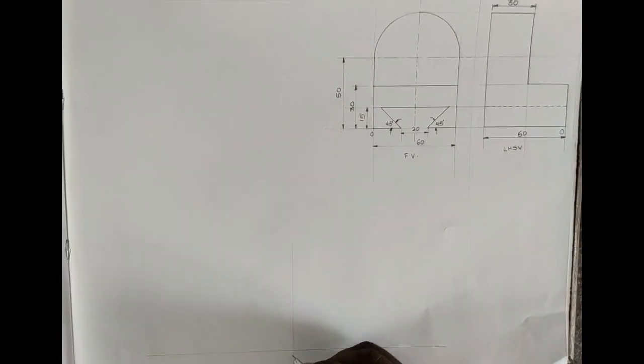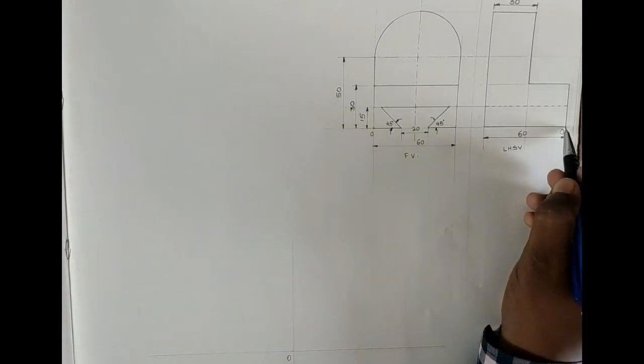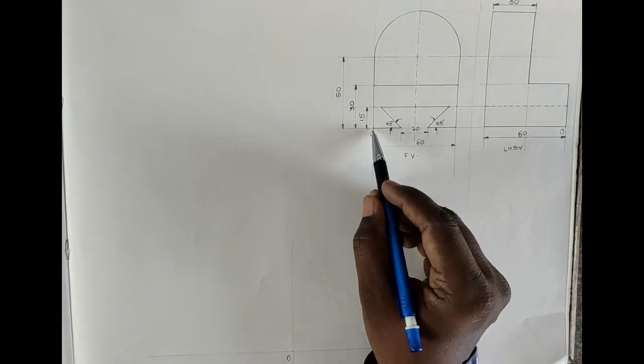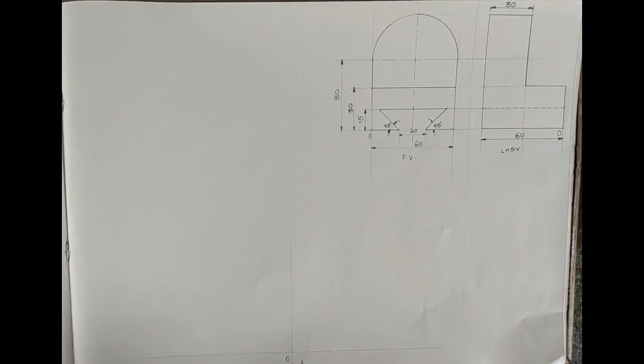So initially here the starting point O is given. So this point is O and this point is also O. So these are the starting points for this section. Now the starting point is given for this.